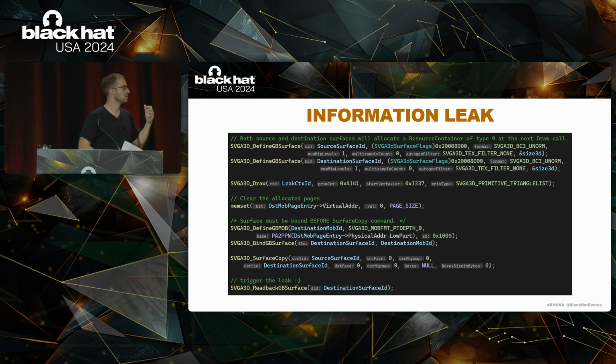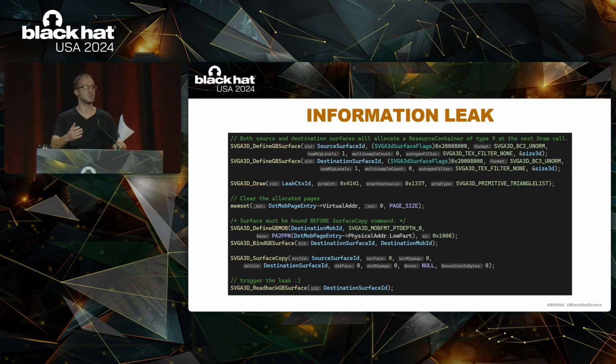Then I bind the destination surface with a mob, and then I perform a surface copy command. This command will take the contents from the source surface, which will be the uninitialized contents of the resource container type 9, and will copy them into the corresponding resource container of the destination surface.